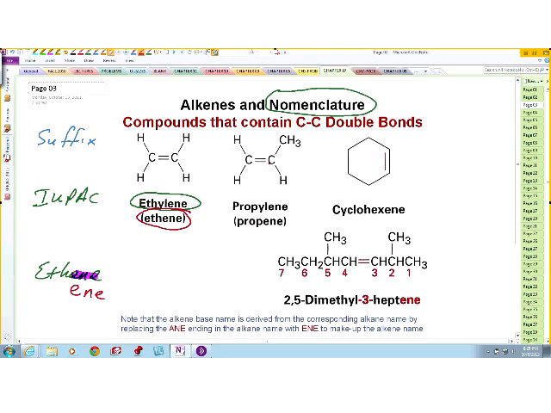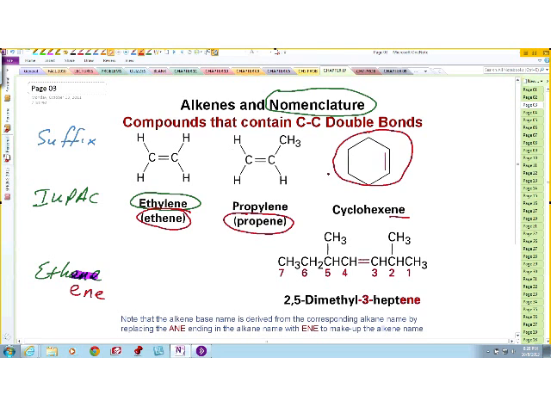And the same thing applies to this 3 carbon alkene. The IUPAC name is propene. In the case of this molecule, also derived from the corresponding cycloalkane, this is called cyclohexene. You see here, this is the alkene suffix. Anytime you see ene at the end of a name, you know you have an alkene.